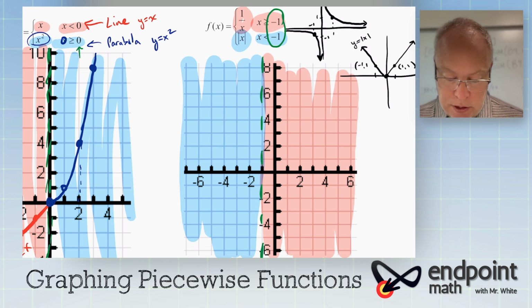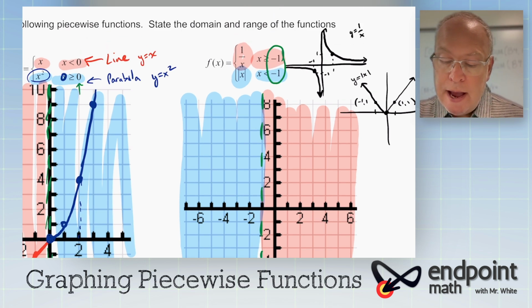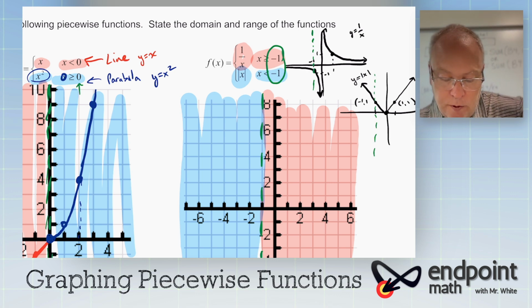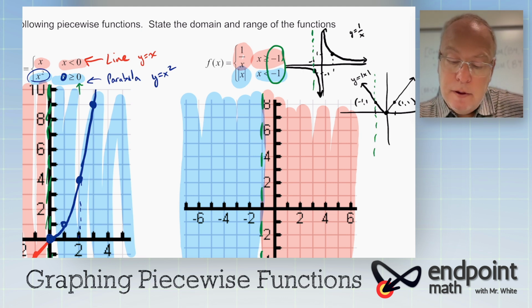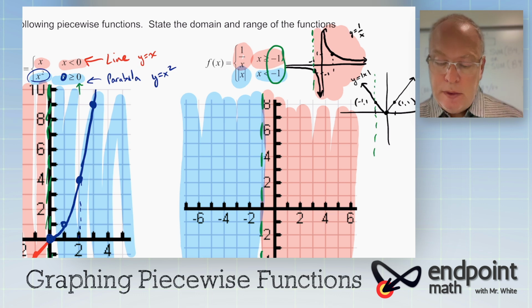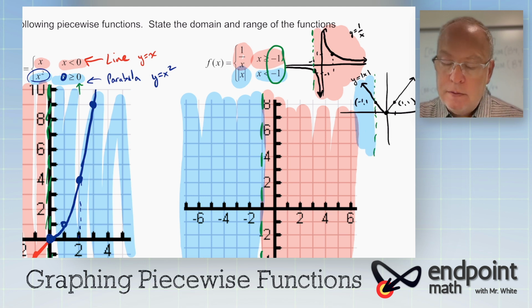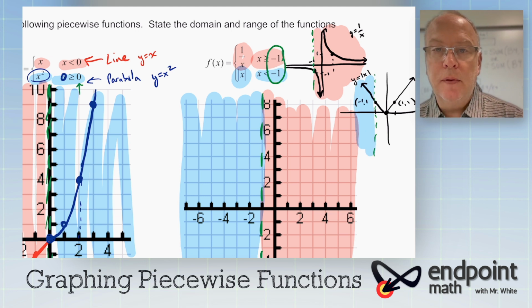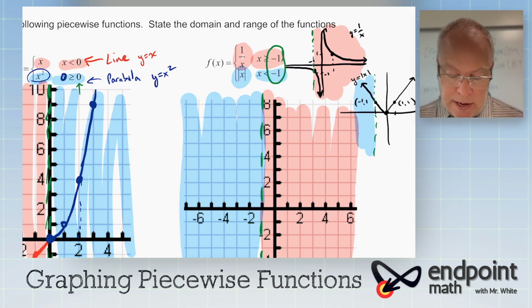So let's go back to the red. I have to draw my green dotted lines on these functions up here because this is where the transition happens, right? So for the red graph, I'm going to be doing this. For the blue half, I'm going to be drawing this. That sort of makes sense? It's a little confusing, I know.